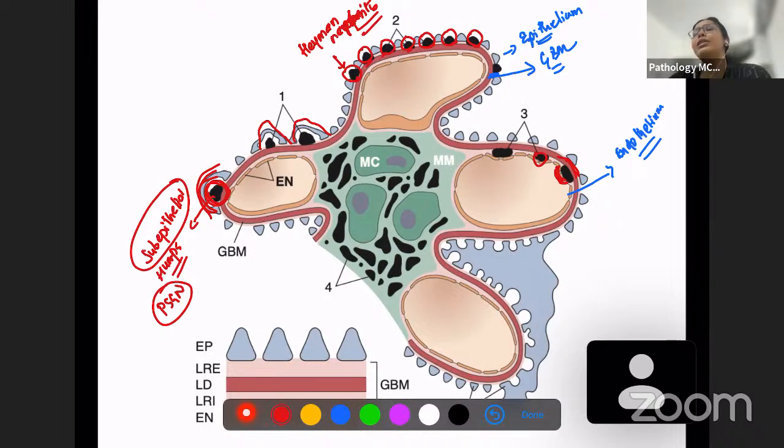Okay, so these type of deposits are seen in membranoproliferative glomerulonephritis. And then here, number 4, this is the mesangial area. This is the mesangium. Inside the mesangium, you can see a few deposits over here. So these type of mesangial deposits are seen in IgA nephropathy.